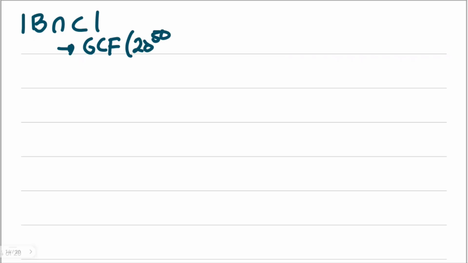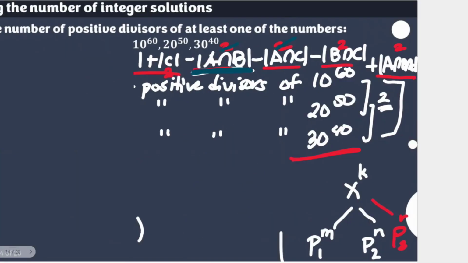So this time we are on the cardinality of B intersection C, and this corresponds to the GCF of our B, which is 20 to the power of 50, and 30 to the power of 40, as previously indicated here.